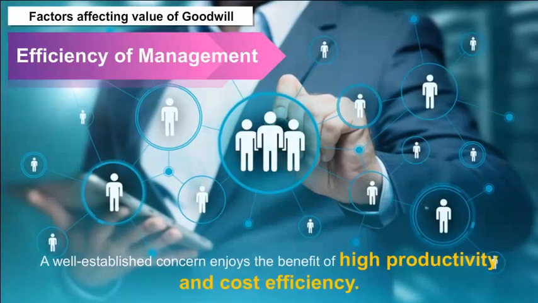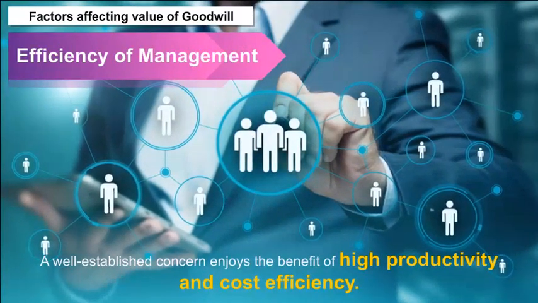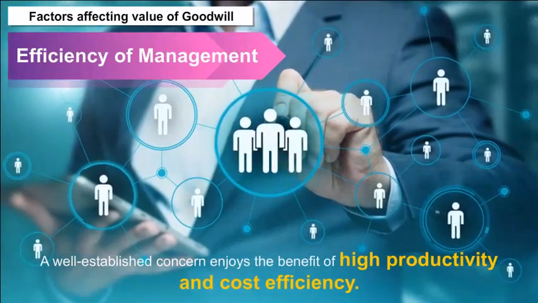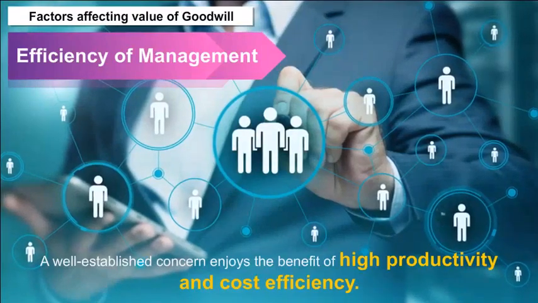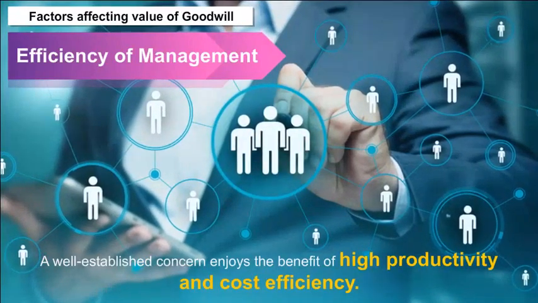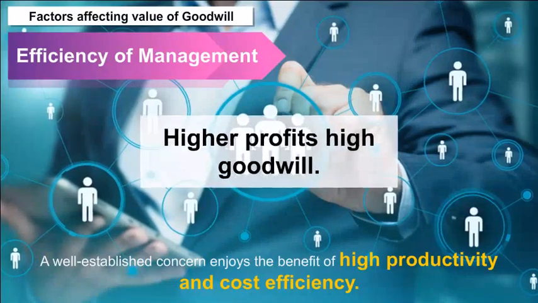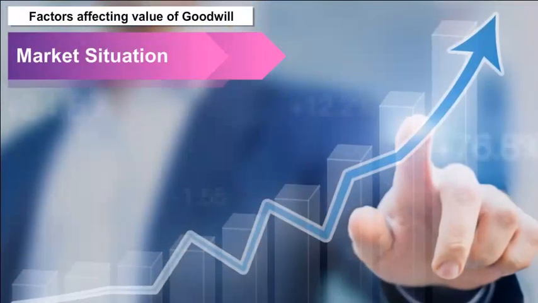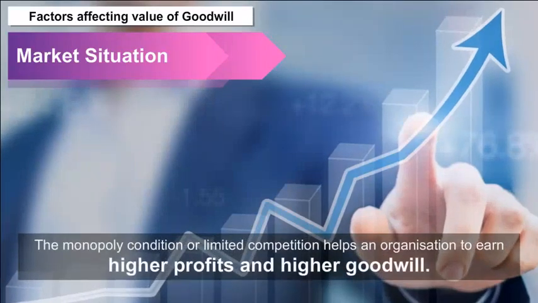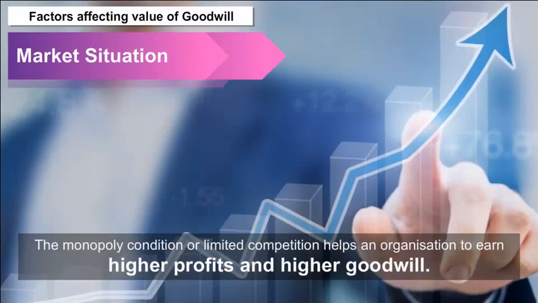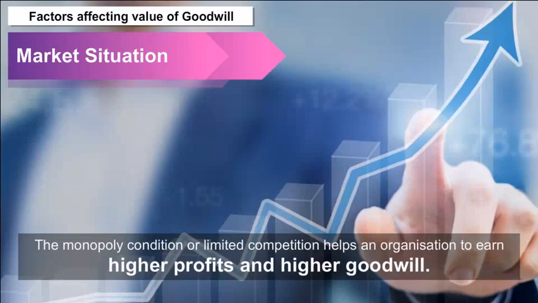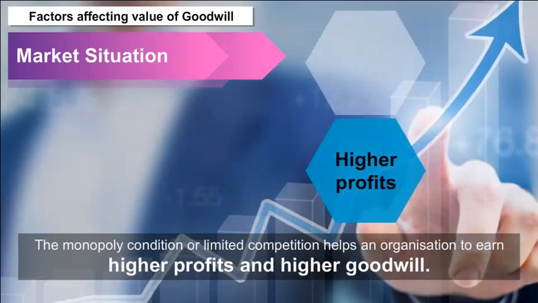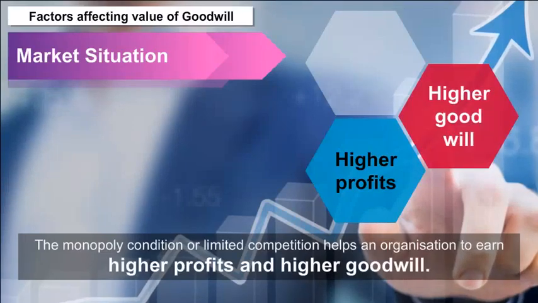Efficiency in management. A well-established concern enjoys the benefit of high productivity and cost efficiency. This leads to higher profits and high goodwill. Market situation. Monopoly conditions or limited competition help an organization to earn higher profits and higher goodwill.